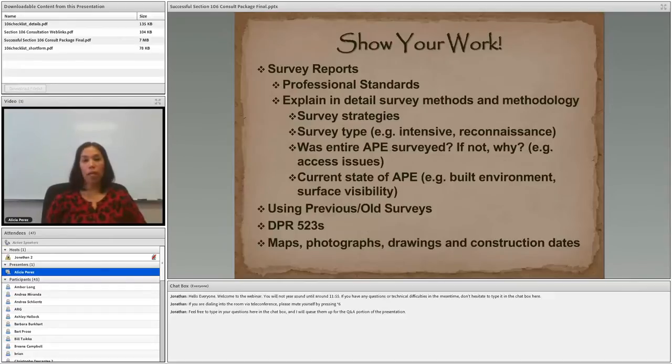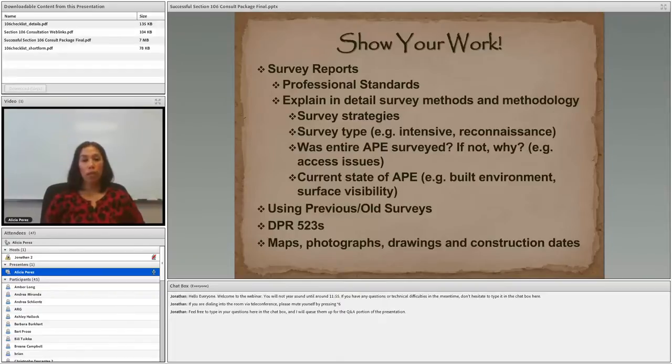You want to provide detailed information on the survey methods and methodology that you used. This includes survey strategies, so transects, survey type, was it intensive, was it reconnaissance, why did you use these types of methods, was the entire APE surveyed, and if not, why? Perhaps you had access issues, or there were environmental factors that came into play, such as steep slopes.